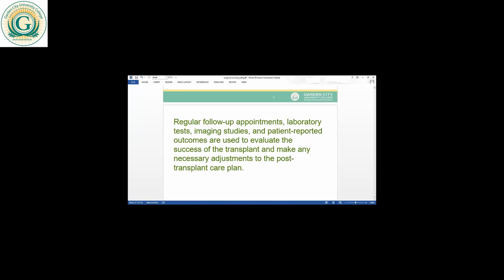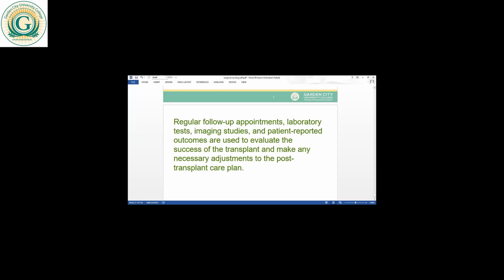You have to do regular follow-up appointments. Laboratory tests, imaging studies, and patient-reported outcomes are used to evaluate the success of the transplant and make any necessary adjustments to the post-transplant care plan.